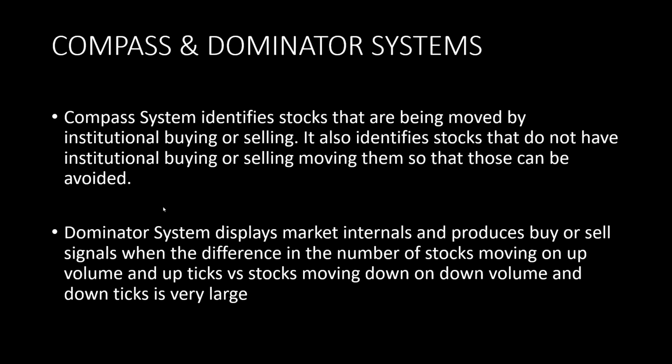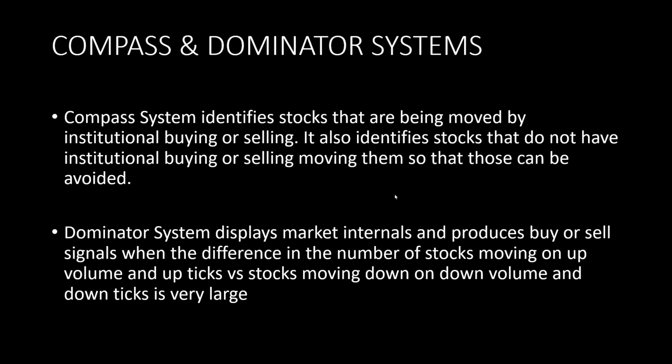If you're not familiar with the Right Line Compass system or the Right Line Dominator system, I want to give you a very quick description of what each one does, and we'll go over the tremendous success I've had using these. The Compass system is meant to identify stocks that are being moved by institutional buying or selling. It also identifies stocks that do not have institutional buying or selling moving them, so that they can be avoided.